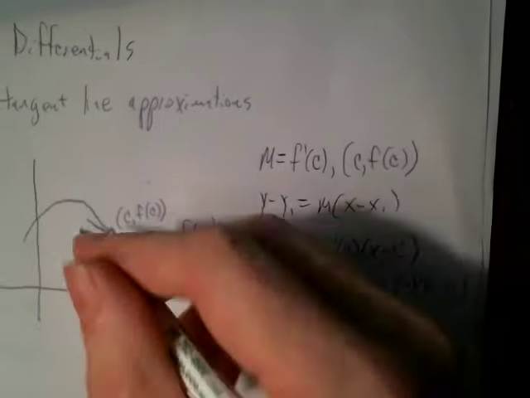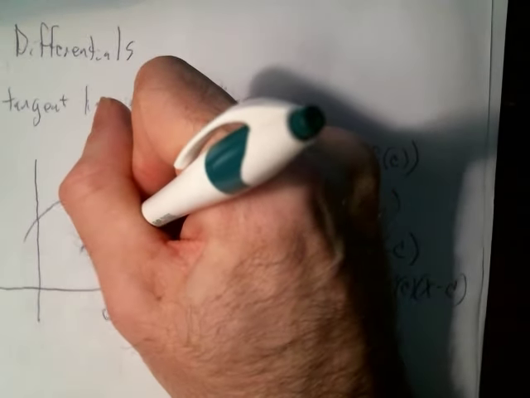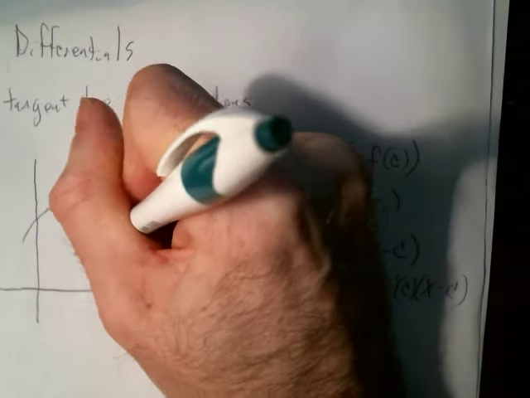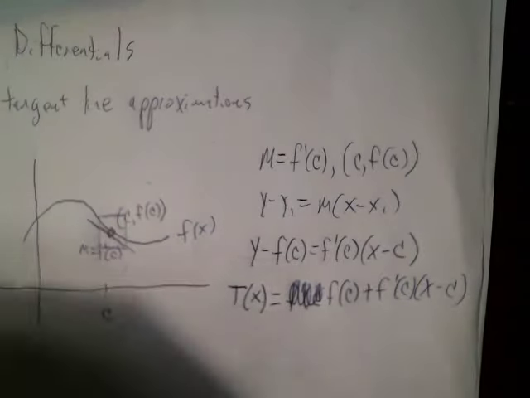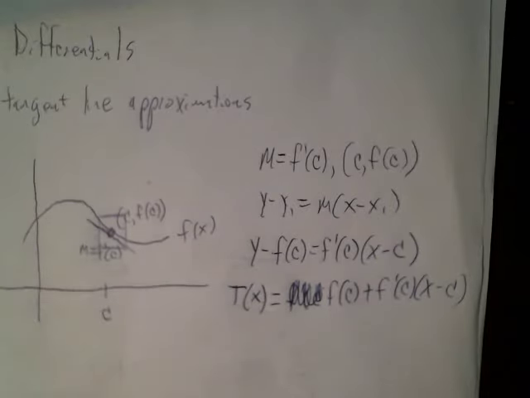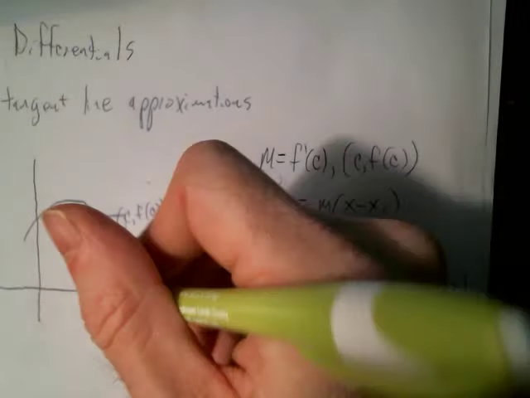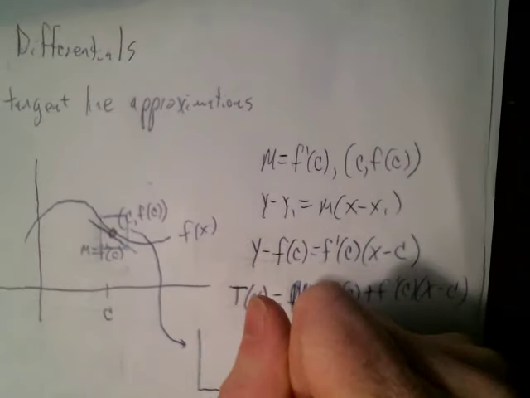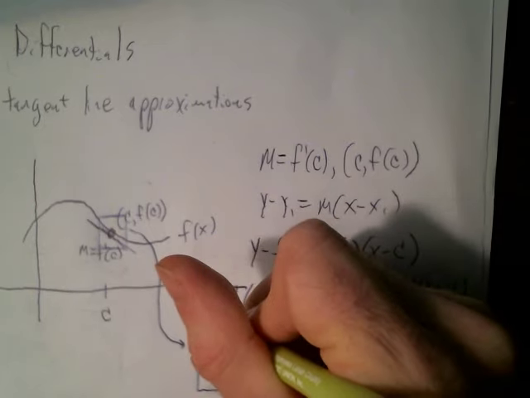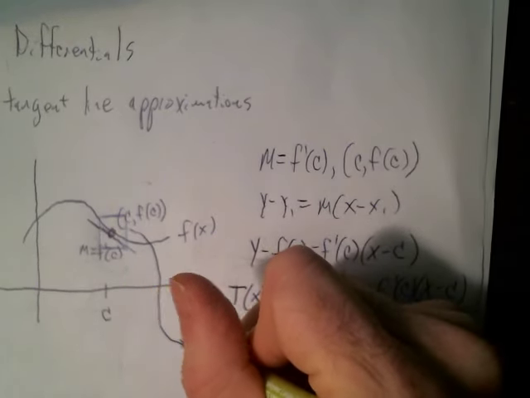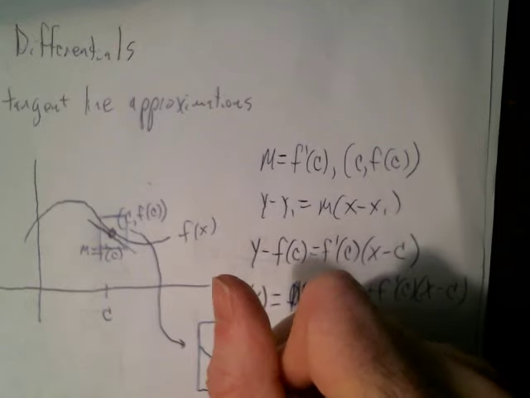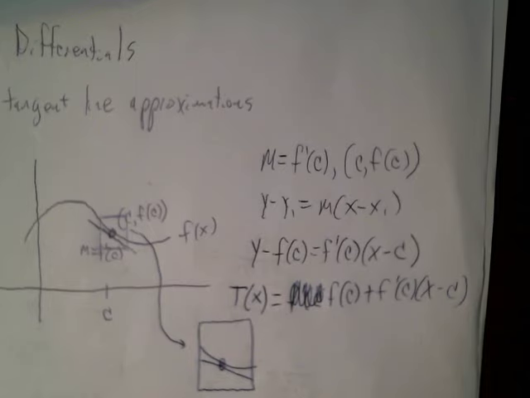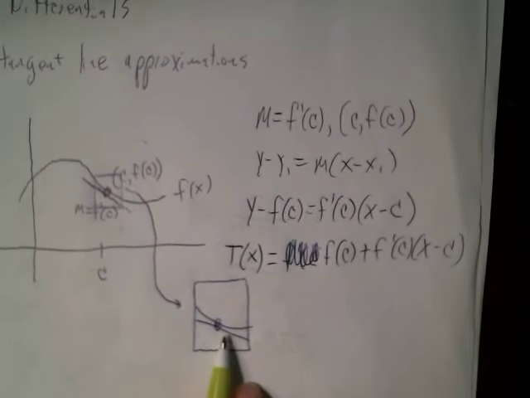Okay, so in a very small region about this point, maybe if we kind of carved out a box like this, and then zoomed in on that box, my pen is dying. You would note that the tangent line is kind of a good approximator of the actual function f of x.